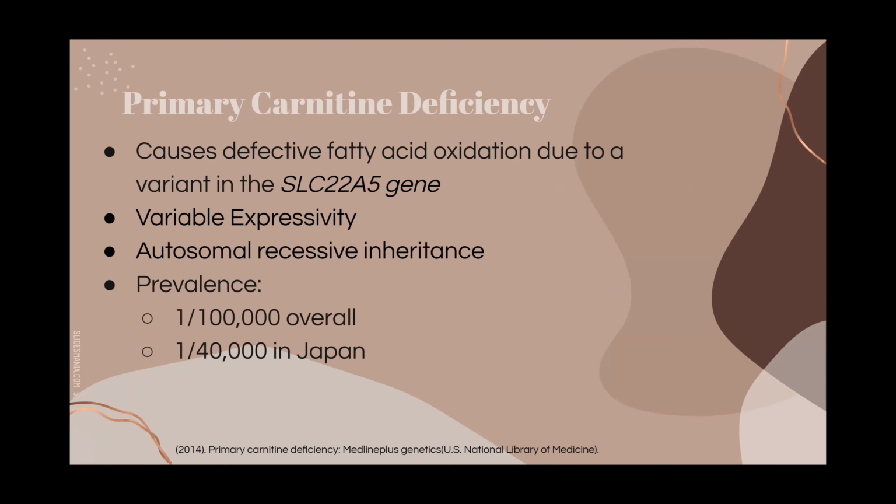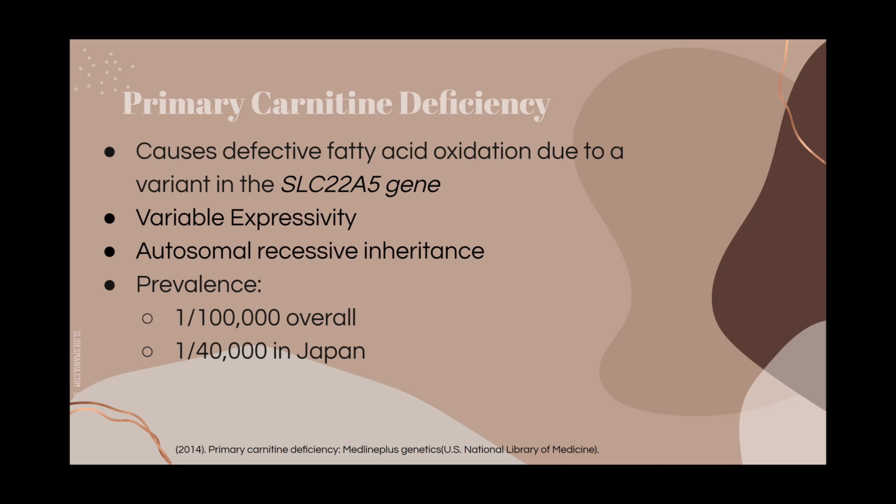Primary carnitine deficiency is the most common form. There is less than 50,000 cases in the US, making this a rare disorder. Primary carnitine deficiency happens when there is a mutation in what's called the SLC22A5 gene.